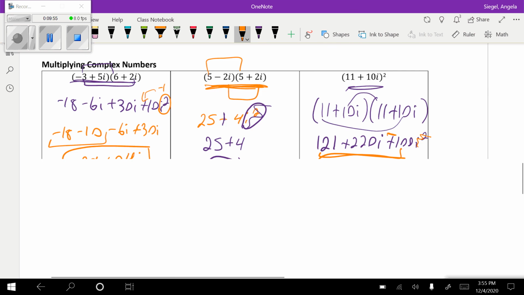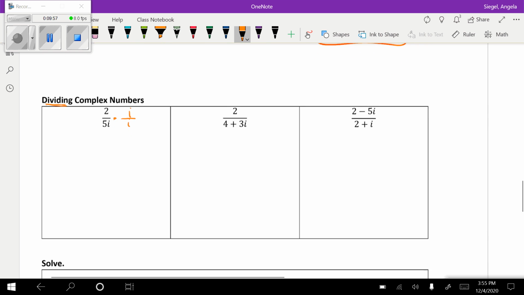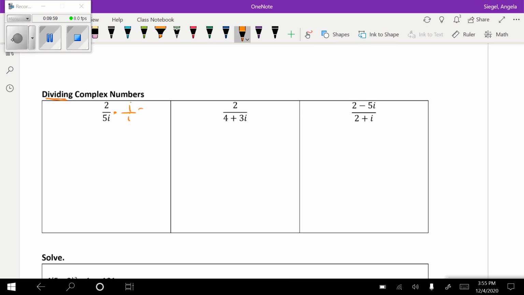I'm going to say 2i on top, and then I have 5 times negative 1. So I have 2i over negative 5, or a lot of times we separate it into 2/5 i.